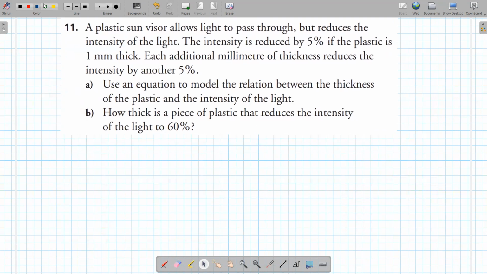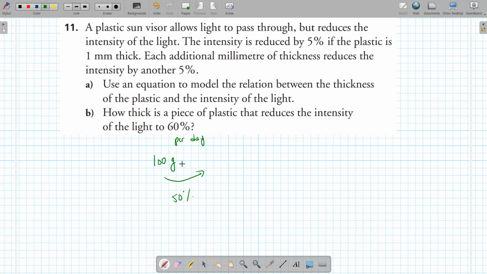This is our next question. A lot of words, but it's about light intensity is reduced by 5% if the plastic is a millimeter thick. Each additional millimeter will reduce it by another 5%. Let's look at this example. Let's say you have 100 grams of something, okay? It reduces by 50% per day.